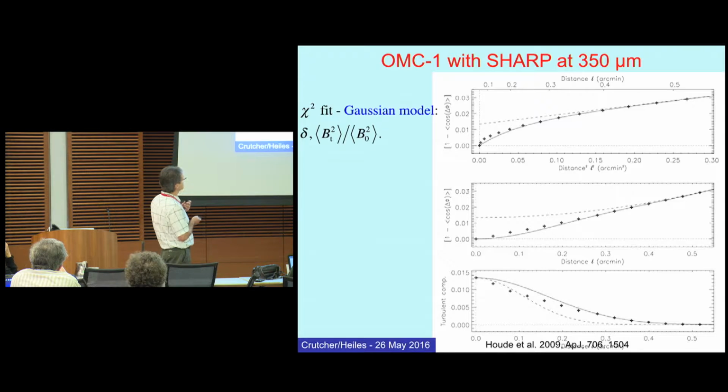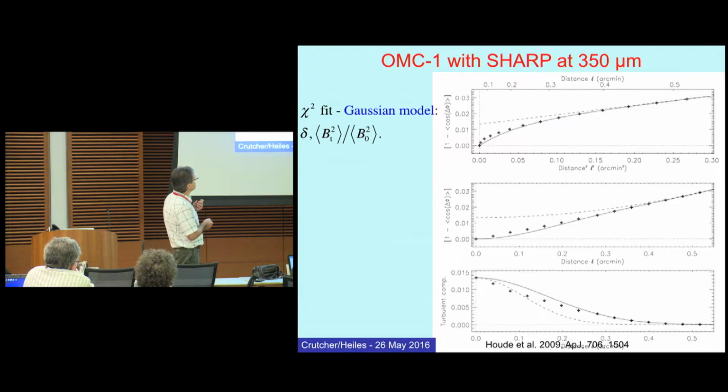The model is that solid line, and one thing it tells you is that this broken line here is the large-scale component of the dispersion function. So here it's the same thing, but now as a function of L instead of L squared. Now what you can do is subtract the large-scale component from the data, and what you're left with here is the normalized autocorrelation function of the turbulent component.